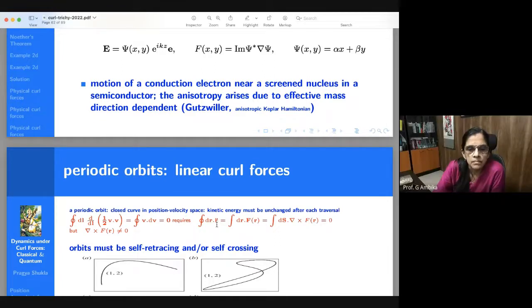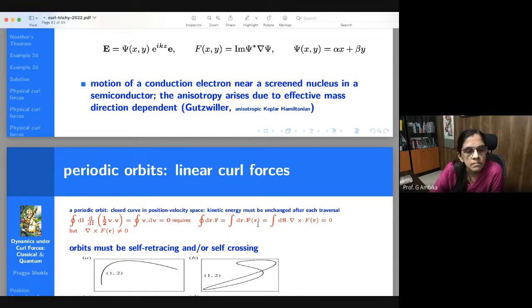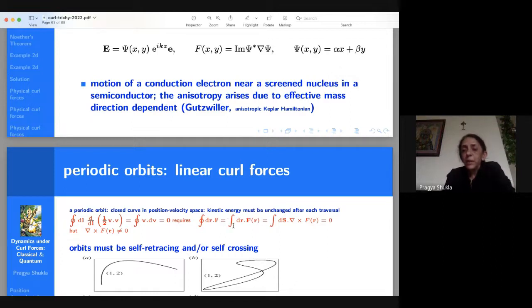Now what is r double dot? r double dot is the acceleration, f of r. So the closed integral of v dot dv being equal to 0 requires dr dot f(r) to be equal to 0. Okay, it should be closed. So the closed integral of dr dot f(r) is equal to 0.